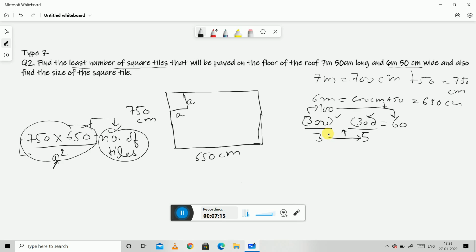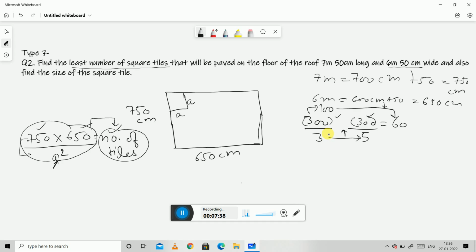So what will be the highest value of a such that it completely divides this multiplication of 750 and 650? If it needs to divide this product of 750 and 650, a has to be a factor of 750 and 650. Then only it can completely divide their product.